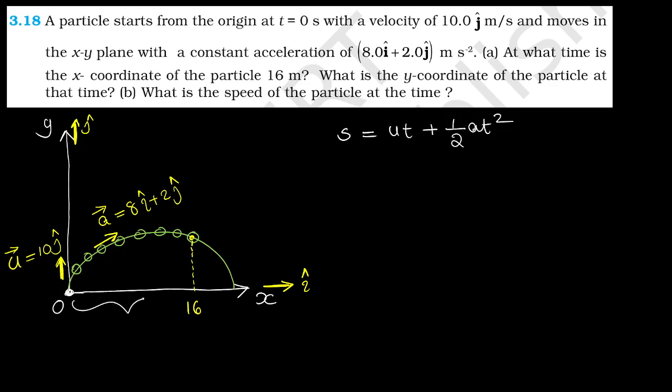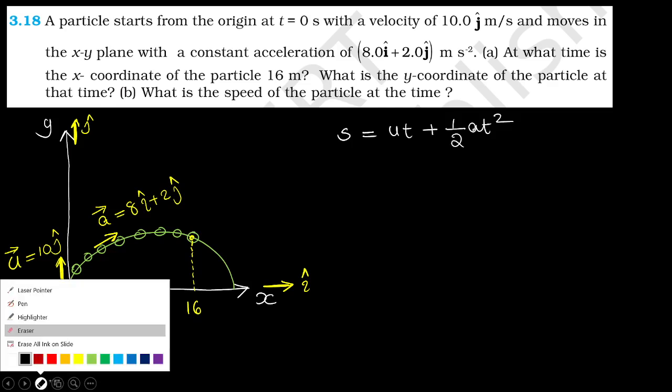So x-coordinate, y-coordinate actually represents a displacement. Remember, I am telling you again, it is a tough question. There is one similar solved example in the textbook. You can refer to that. Don't forget S equal to ut plus half at square.